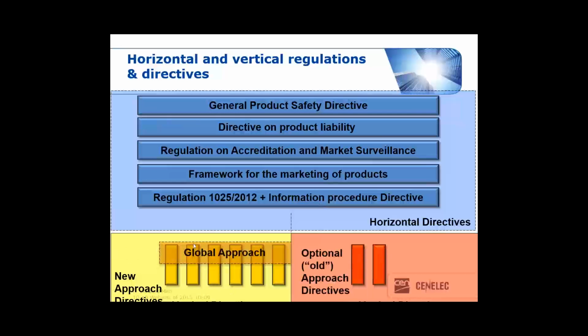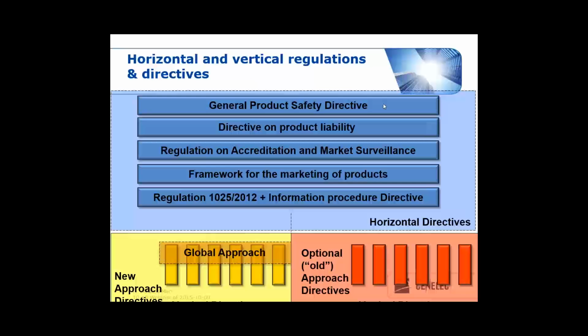Then we have the product families: electrical, safety, machinery. We have vertical directives and regulations down, construction products regulation, and we have also what we call the old approach directives, which are directives or regulations which include technical requirements in the text of the legal document.